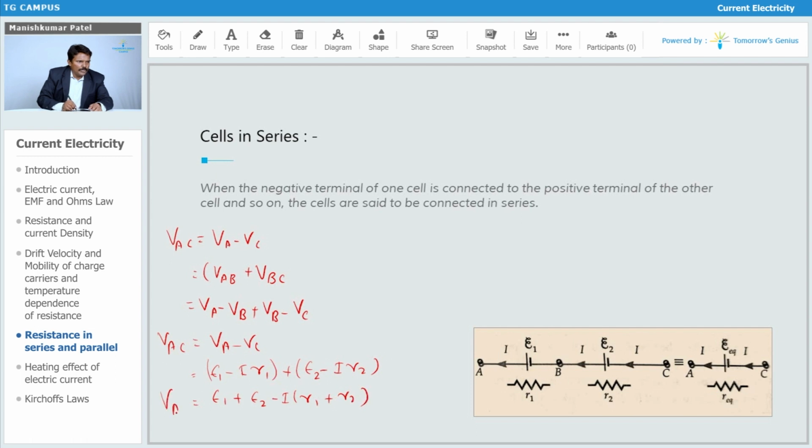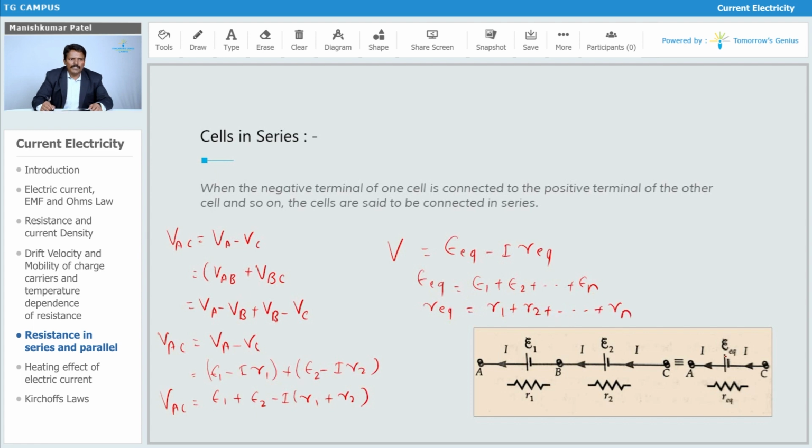This voltage drop is E equivalent minus I into R equivalent, where the EMF equivalent is E1 plus E2 up to En. Similarly R equivalent is R1 plus R2 up to Rn.